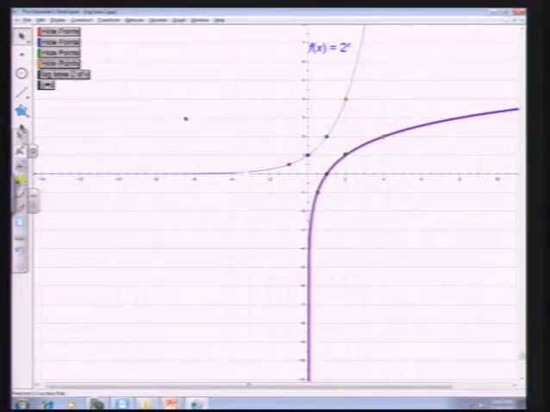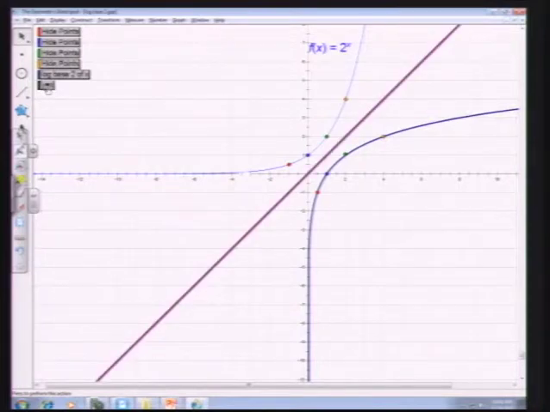Here's the log base 2 of x. And as you recall, when we looked at those 3 important characteristics of inverse functions, the graphs of inverse functions are symmetric to the line y equals x. And so you see the symmetry between these sets of points as we're looking at them.